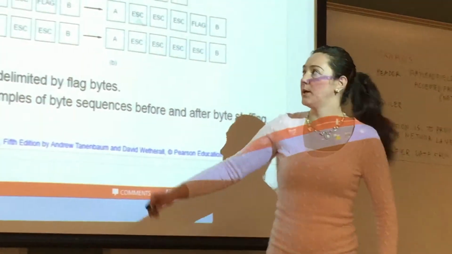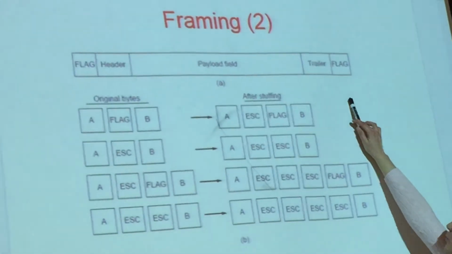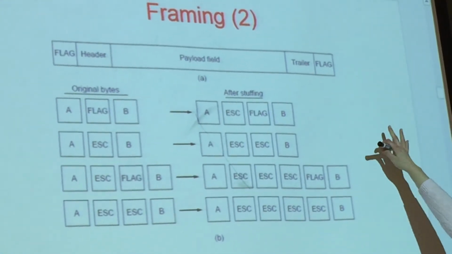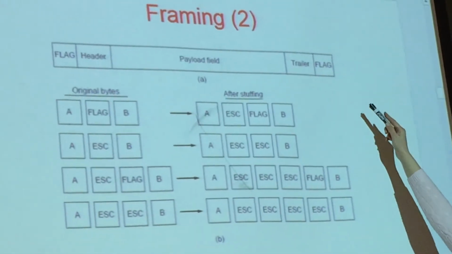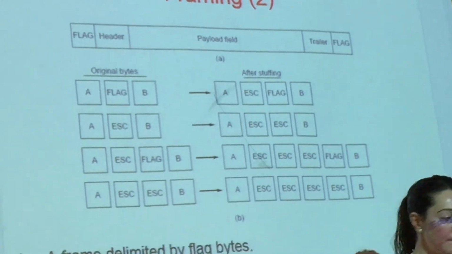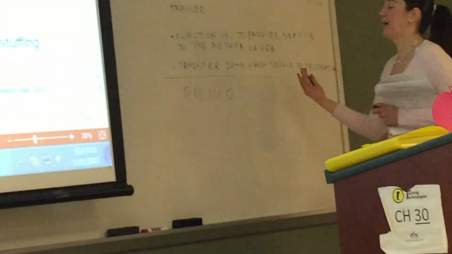So in this case, we have a special sequence both in the beginning and in the end, which will tell us where the frame begins and ends. But the problem that we have here is that this sequence can happen in the data. For example, the sequence would be 0111110. This is our flag.